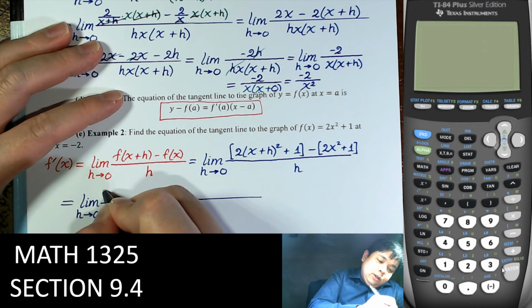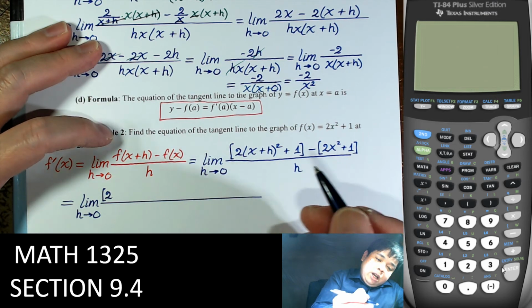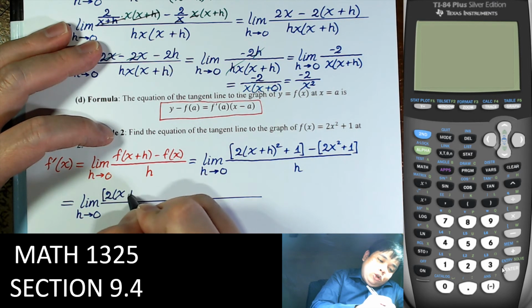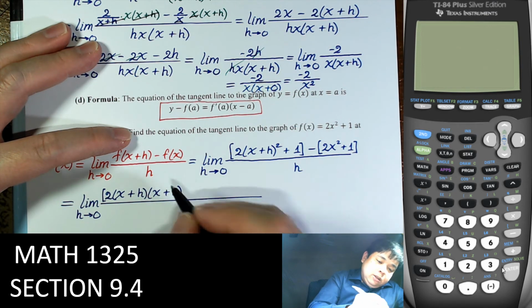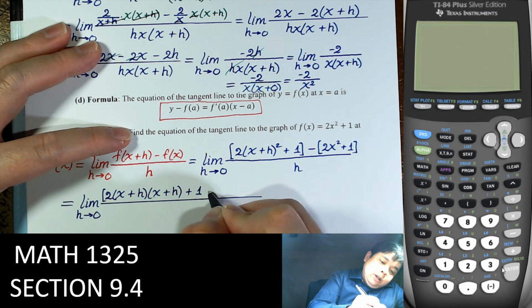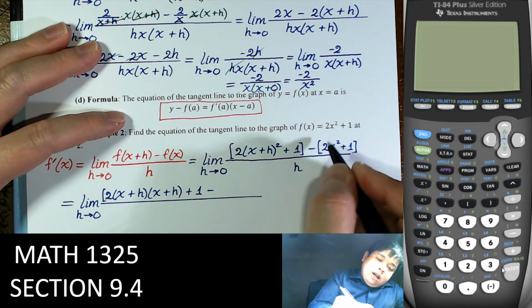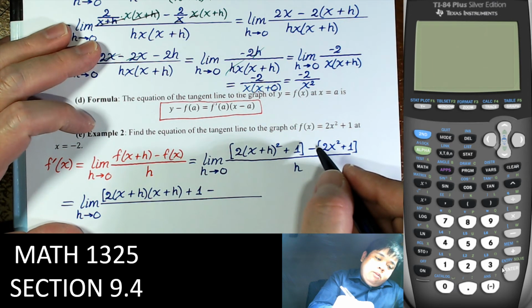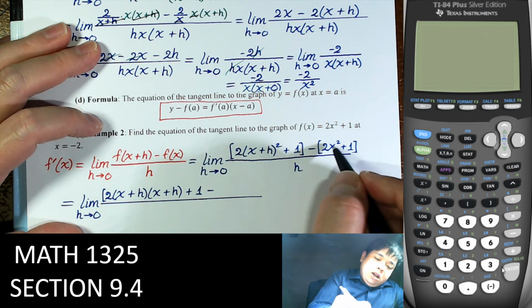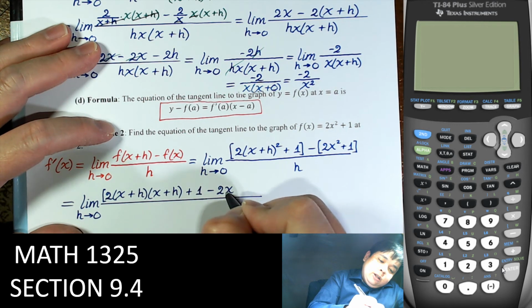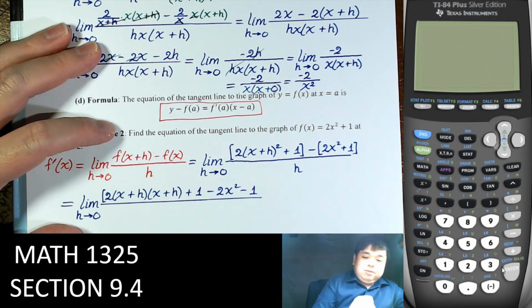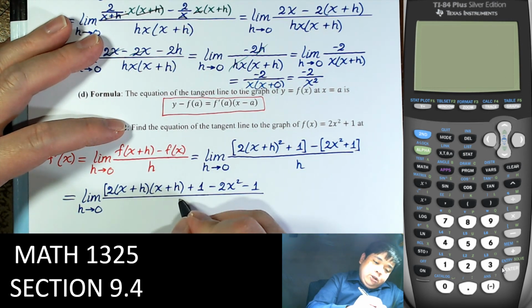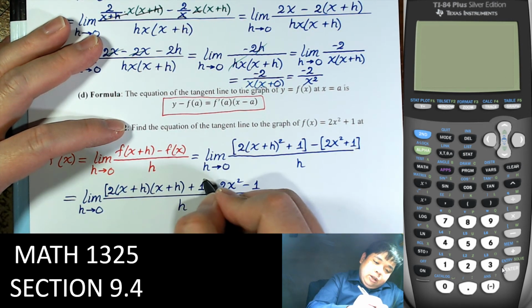Two times x plus h squared will be multiplied by itself. And subtract that, so minus 2x squared minus 1, over h.